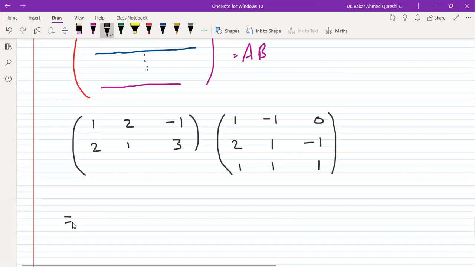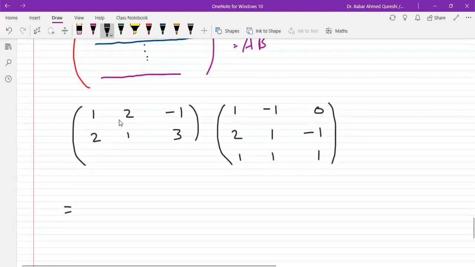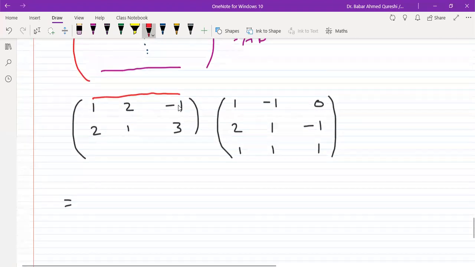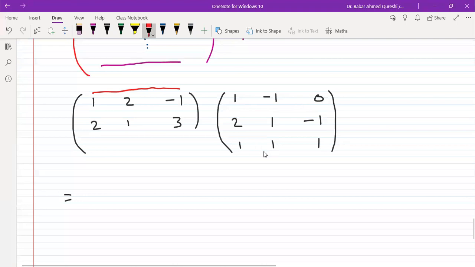So what's the rule? The rule says pick up your first row over here and make linear combinations of these row vectors.